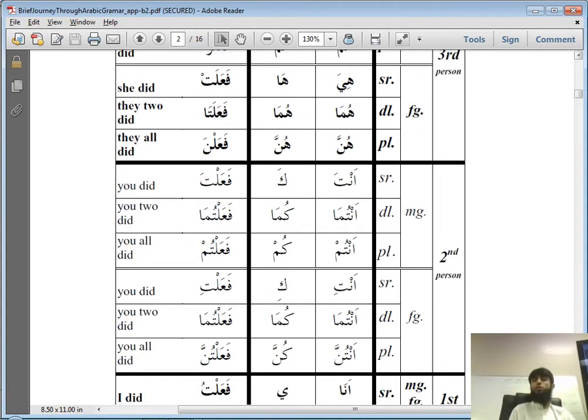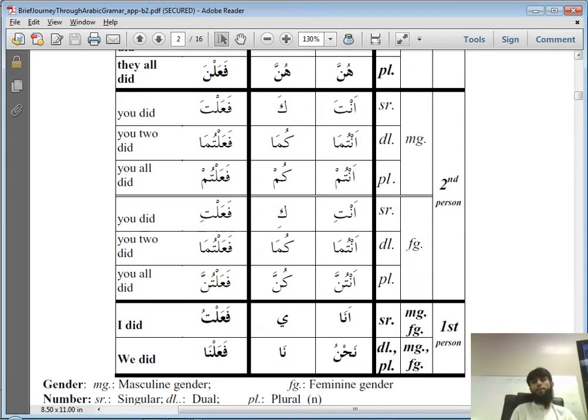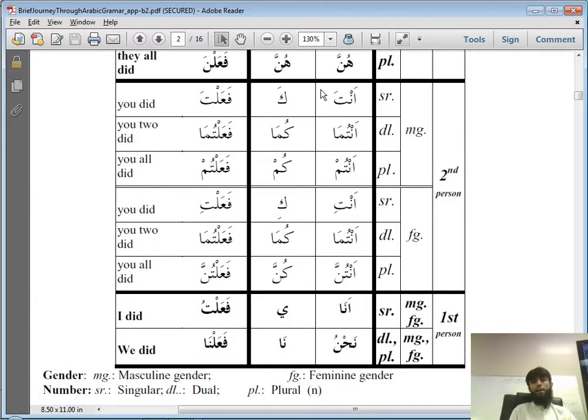Now we are moving on to second person. Anta is you, singular, male. Antuma is you, two males, and antum is you all. An example of anta is the dua we say after salah, Allahumma anta salam.